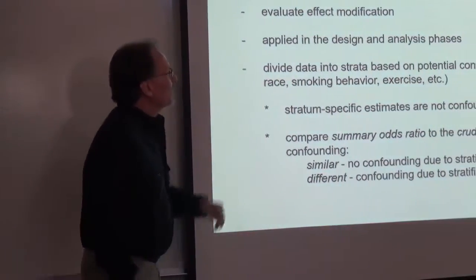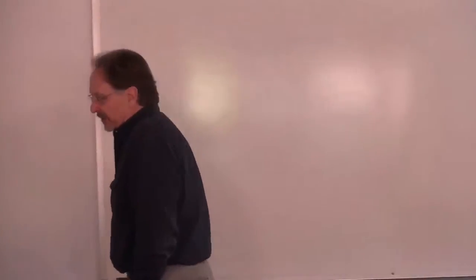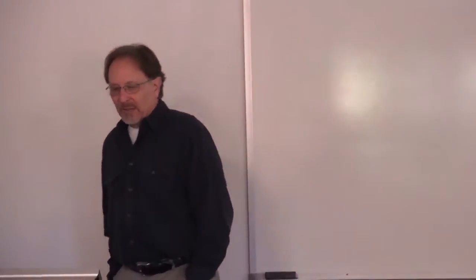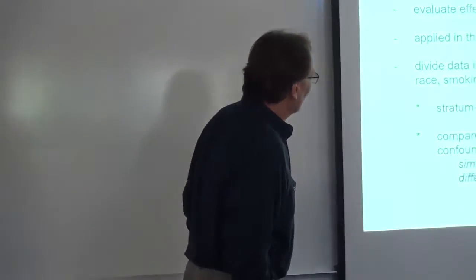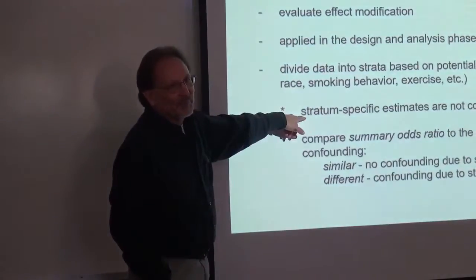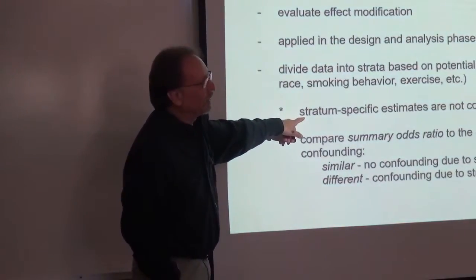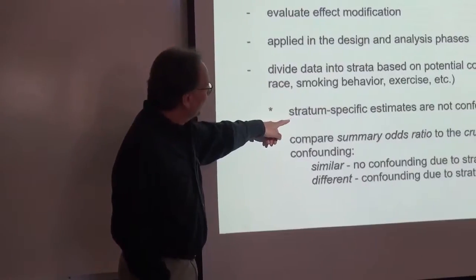So the first thing we do is we stratify based on potential confounders. And there are some examples. And we do separate analyses, either cohort or case control analyses, at each one of the strata. The separate analyses are called stratum-specific estimates for the odds ratio or the relative risk.